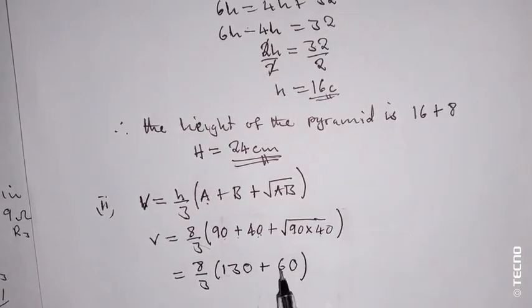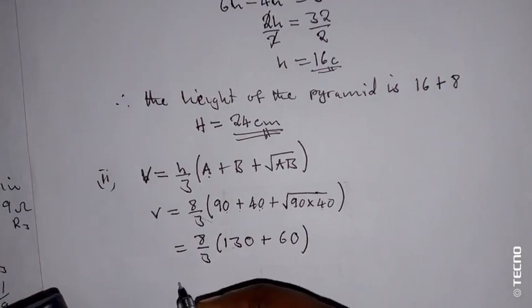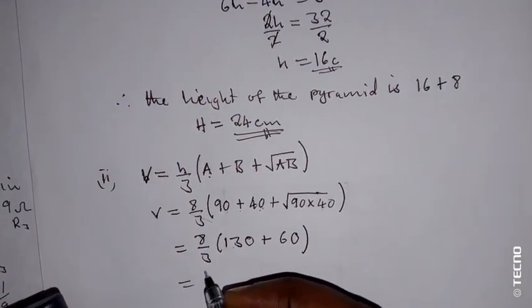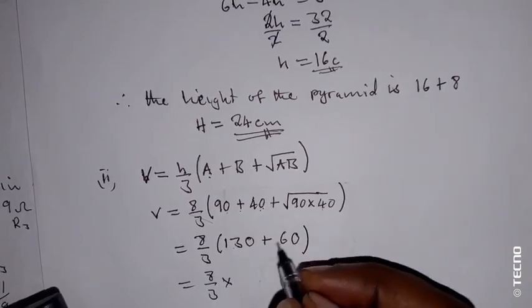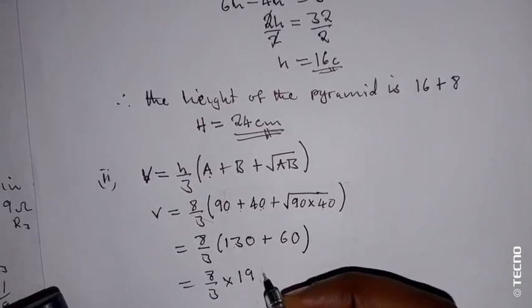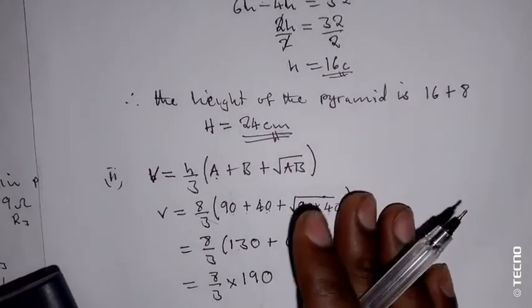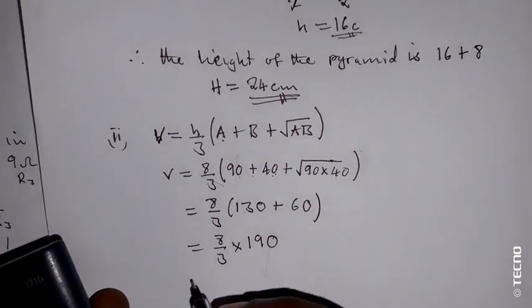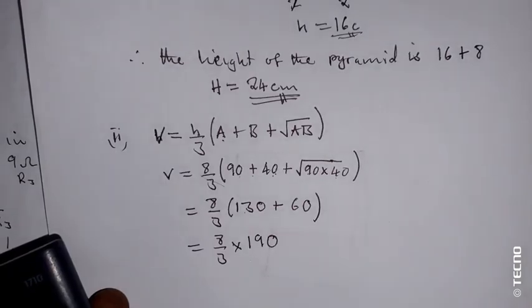Then having this, you can add 130 plus 60. So here we have 8 over 3 times this, which is 190. So this is what we have. Then let's work out this. We can just compute this on a calculator and see what we are going to have.